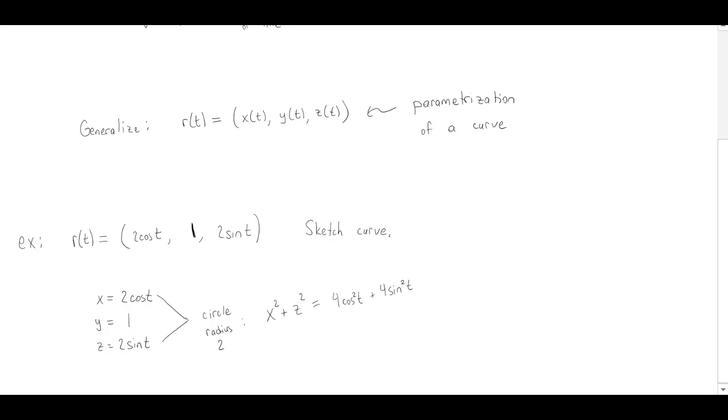And if you factor out a 4, you'll get cosine squared plus sine squared. And you guys should remember what cosine squared plus sine squared is equal to. Yeah. So you get x squared plus z squared equals 4, and that's how you can see a circle of radius 2, okay?